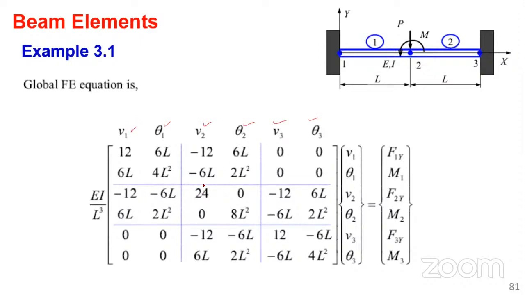If you look carefully, there was a sharing of nodes at V2, theta 2, which will have some additions from the matrix for element 1 and element 2. So this is not by mistake. Elements we denote by a number in a circle. Nodes we do not, we just leave them the way they are. And then once you have got K, this is the K.